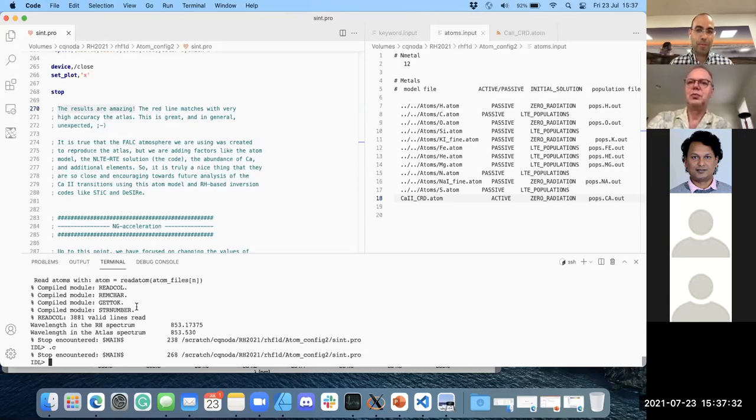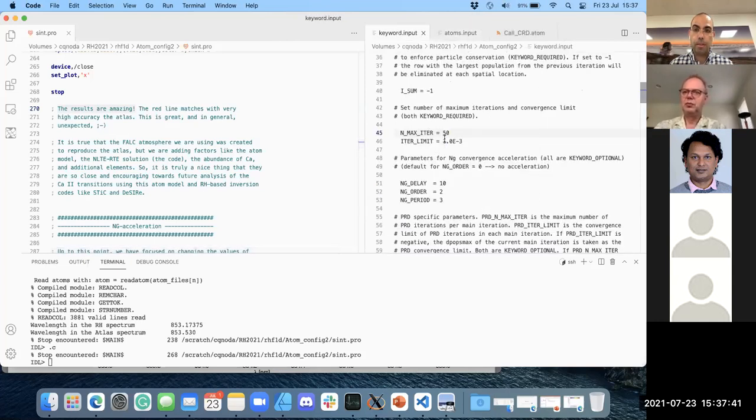Okay, so until this point, the main thing that I wanted to show you is that you need to add, let's go here to the iterations and the iteration limit. So you need to add a given number of maximum iterations.